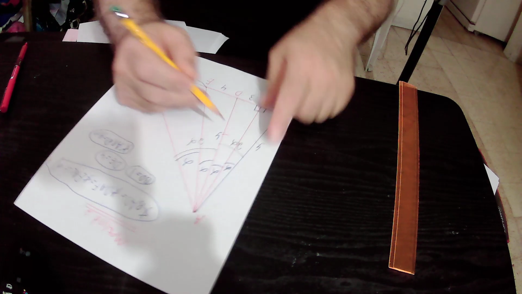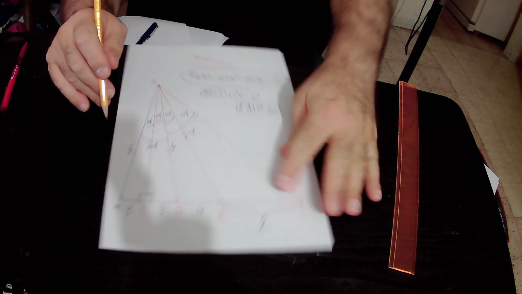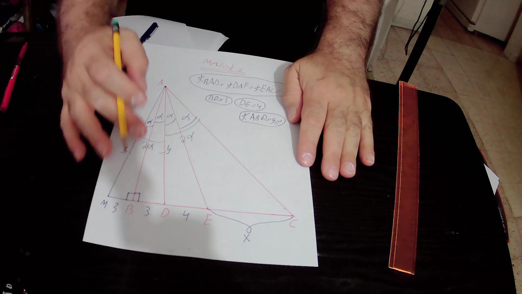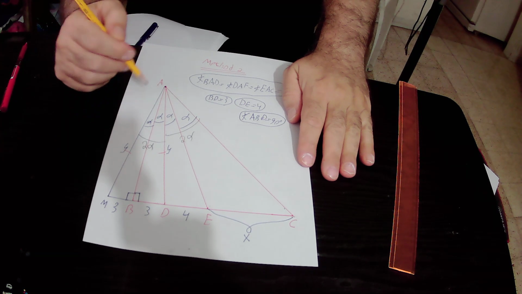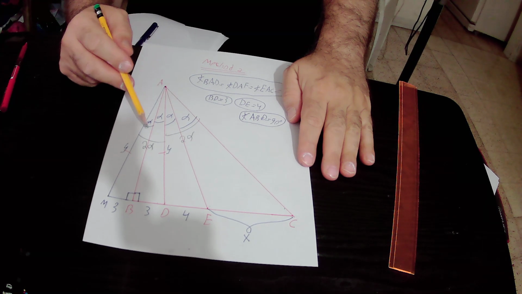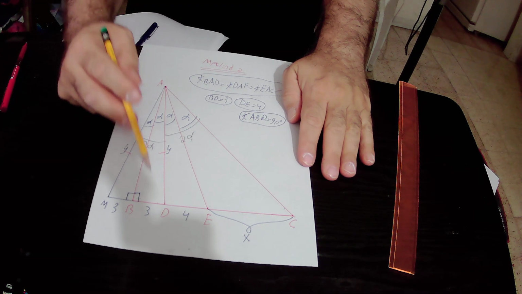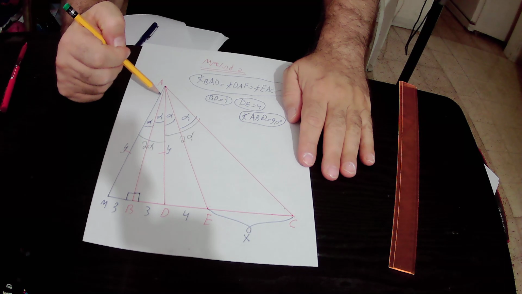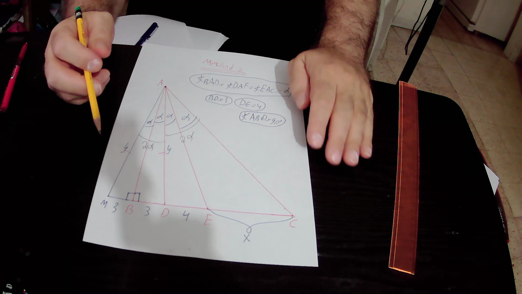So the angle bisector AD divides the angle into two equal parts, 2 alpha and 2 alpha. Therefore, AD is angle bisector in triangle AMC.